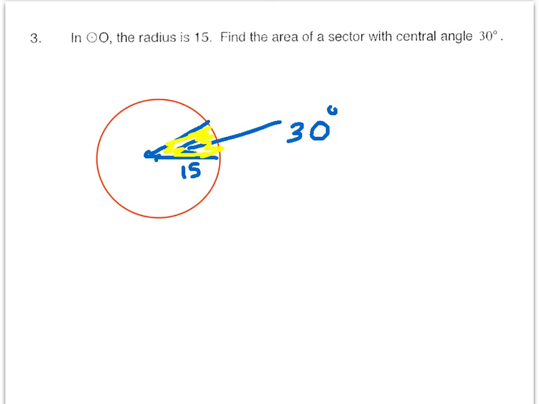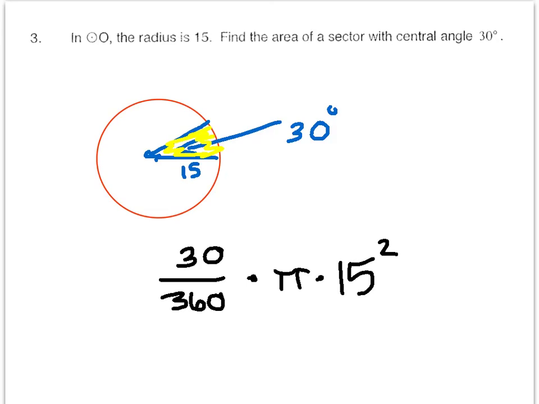Again, to find the area of a sector, real simple. You just have to do the angle measure, 30 degrees, divided by 360. That tells us we want 30/360ths of the circle. And we multiply that by the area of the circle, which is pi r squared. R is 15.